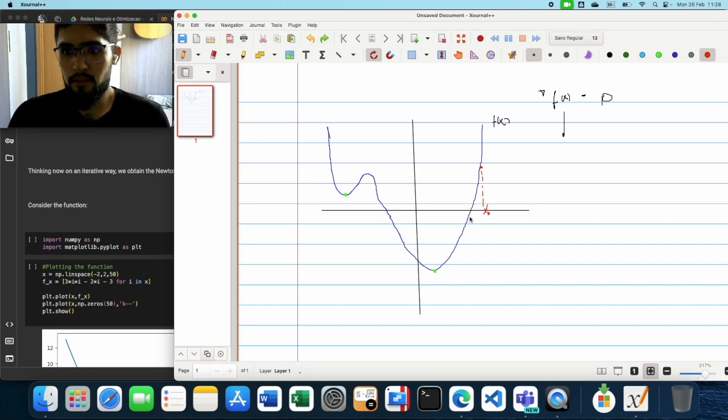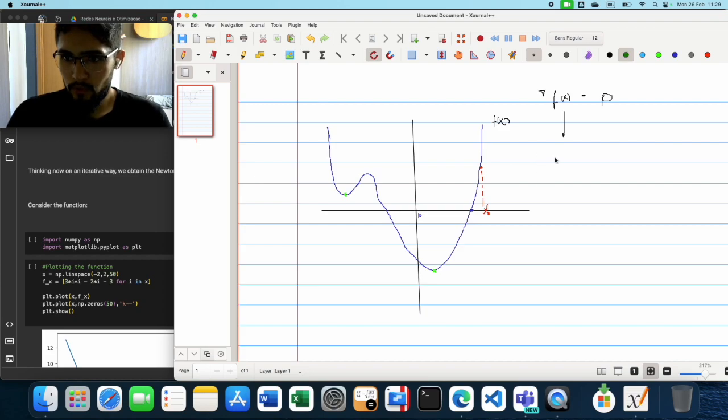In this first method, we are not going to find the minimum value. We're going to find the roots, the values where the function f equals 0. But we are going to see later on how to find the minimum. So we start from this point xk and we update it by making that subtraction.